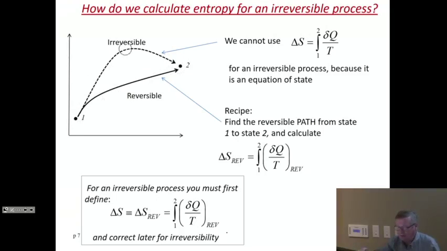So if you have to deal with this transformation, go find what it is for the reversible path. Then you call the change in entropy over the reversible path the integral between 1 and 2 of this quantity Q over T over that path. And this is all you can do. For an irreversible process, you can only define it for the reversible process and then later correct that for the effects of the irreversibilities.